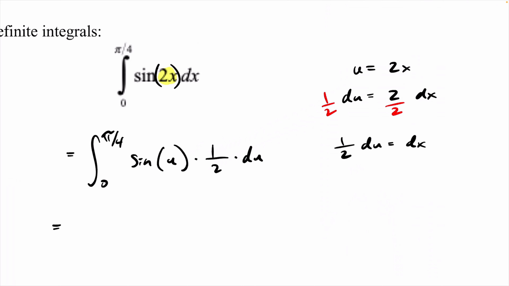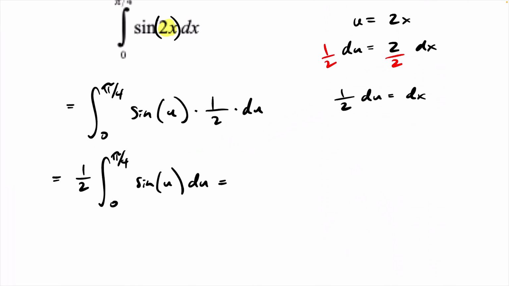Antiderivative. Now I can do the power rule because it's just sine of u or sine of x or sine of anything. It's just a variable. So now the antiderivative of sine is negative cosine.